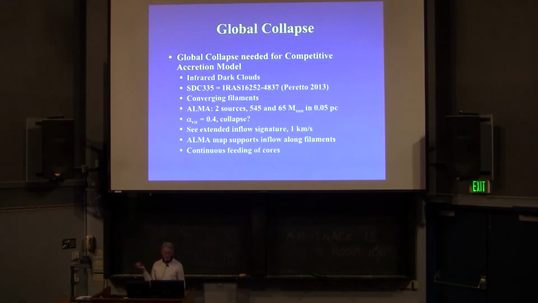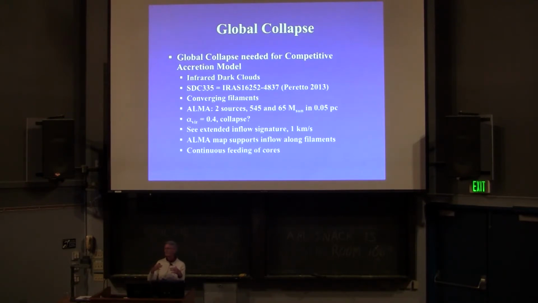So if global collapse is needed for the competitive accretion model, there's a paper, actually there was a press release about this paper recently, so I'll show you what was going on there. They looked at infrared dark clouds, and this particular one was published by Nicolas Peretto. And what they find are converging filaments.